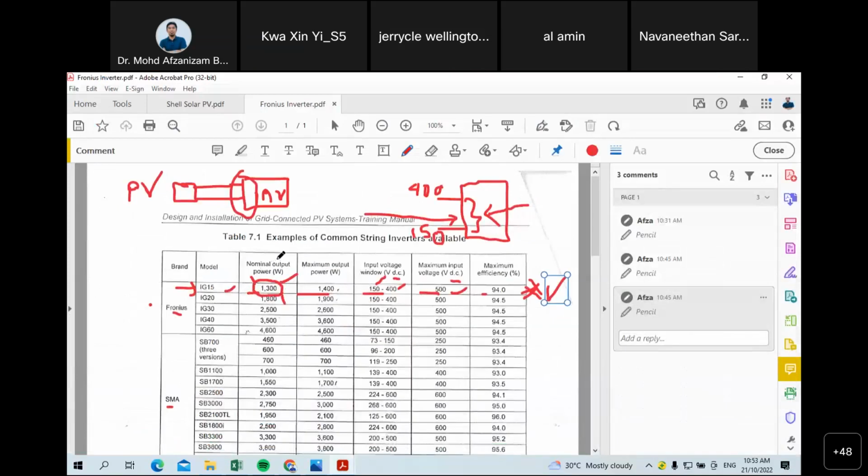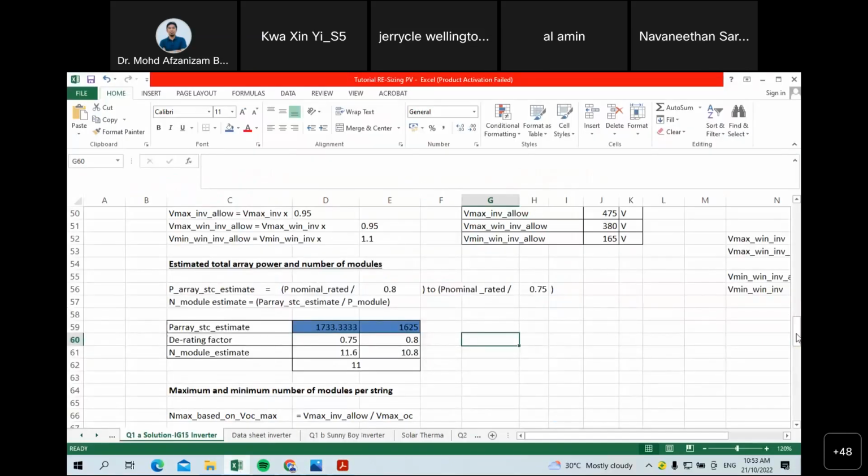Inverter datasheet. Nominal output power. Because all this PV array, guys, wants to enter the inverter, right? So we need to use the power from the inverter to assure that this PV array is allowed to insert this one. So based on our friend, we get the same, 173. What about the others?